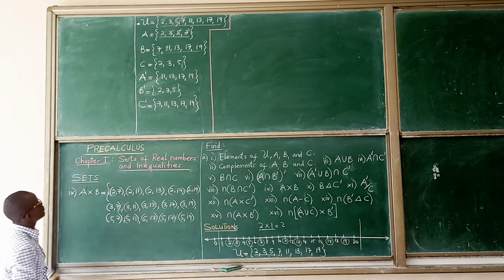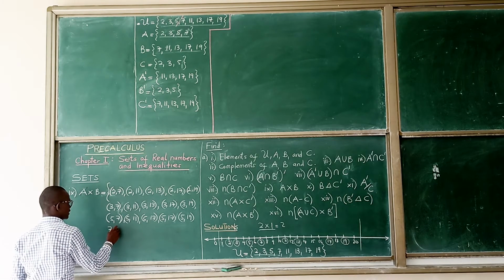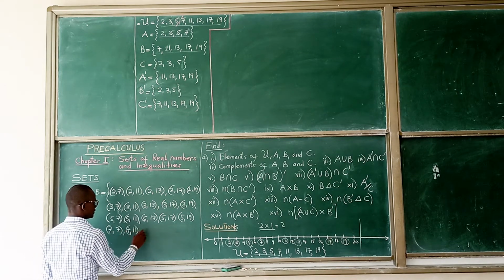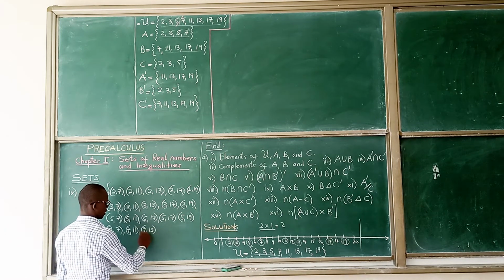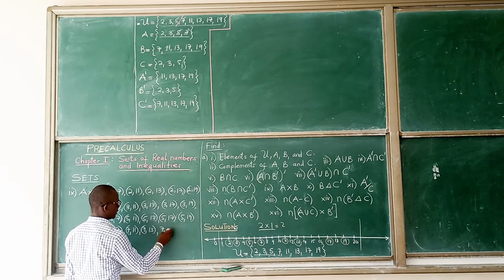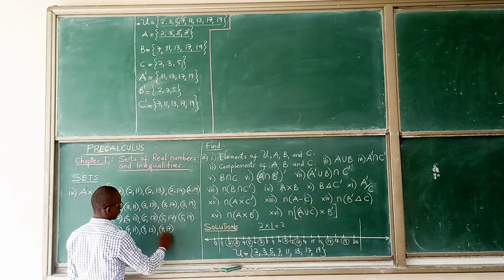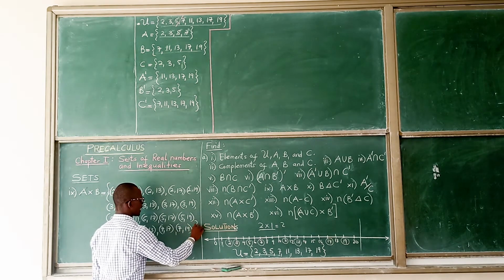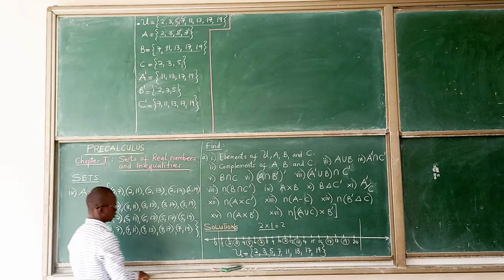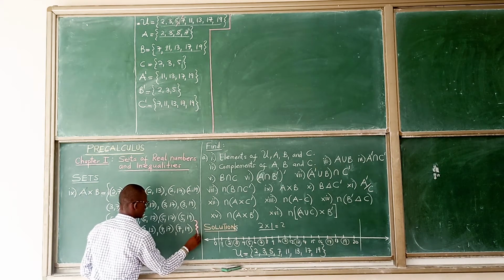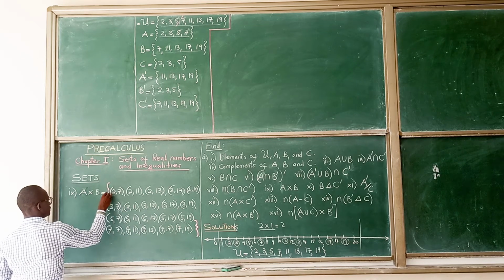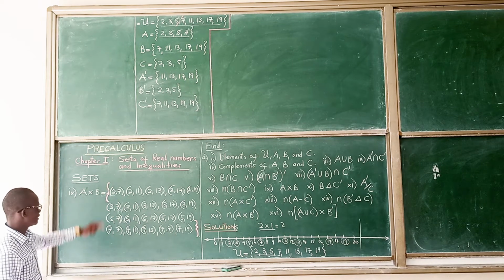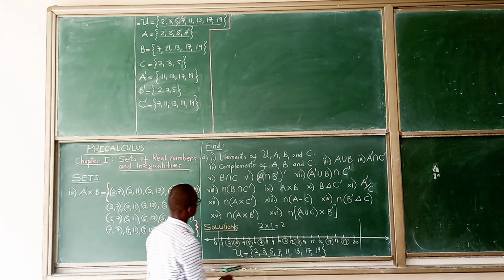We move to the last element in set A, 7. 7, 7, and 7, 11, 7, and 13, 7, 17, 7, 19. So all of these are the ordered pairs of set A and set B. So these are the cross products of A and B. So move to the next one.